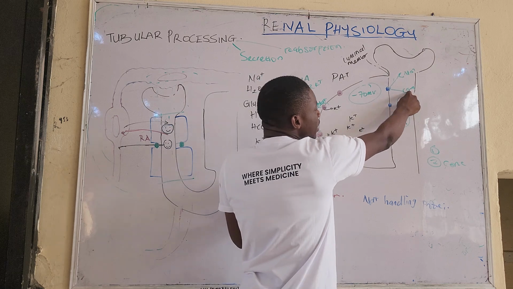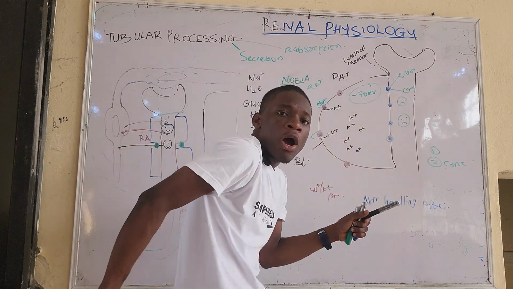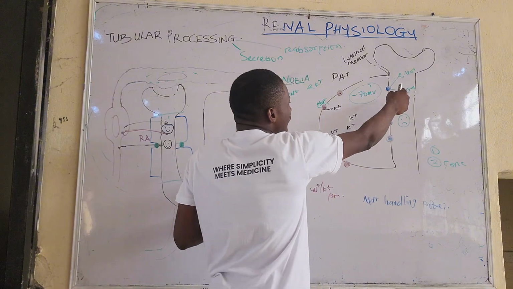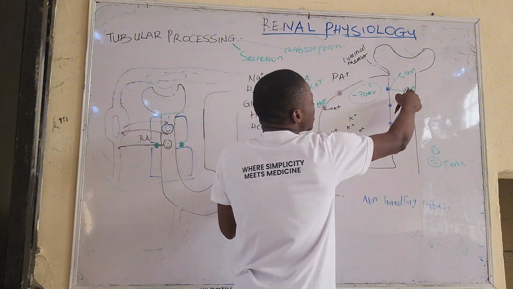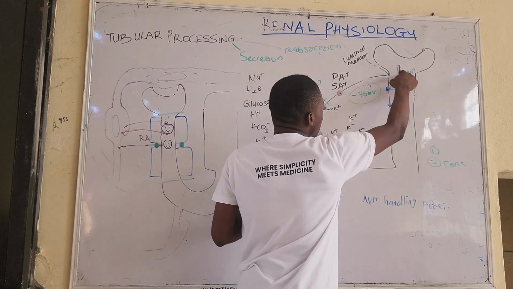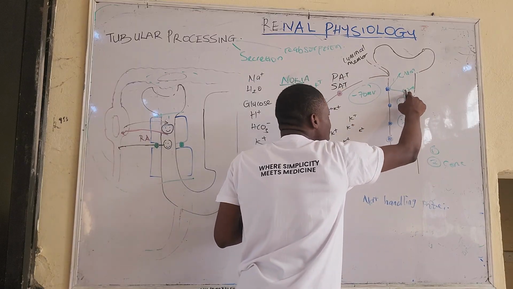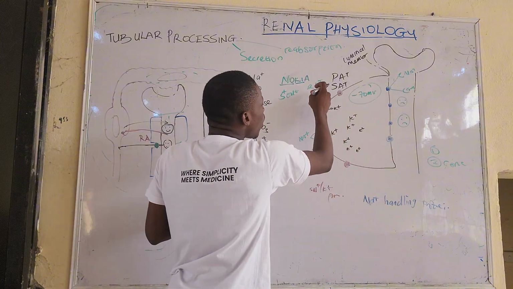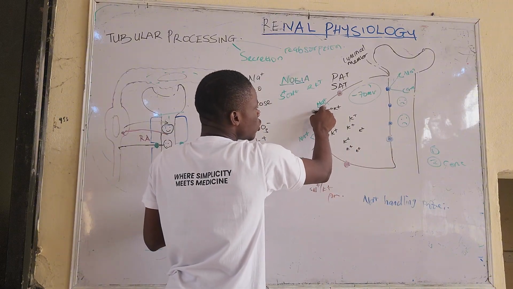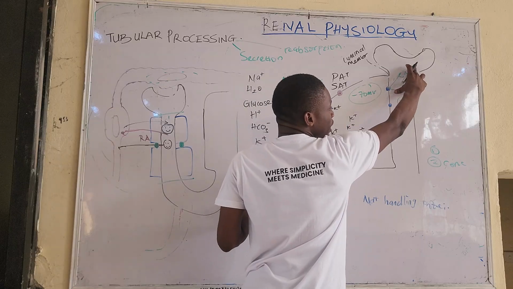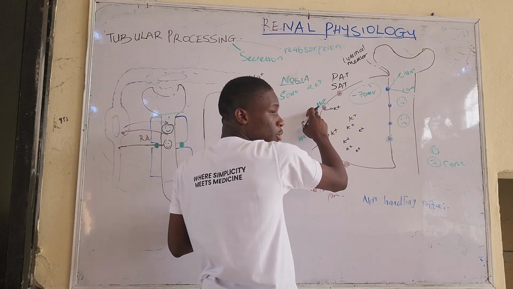But as sodium is entering, it will be dragging amino acid. Amino acid says, hold me, let's go together. So because it is dragging amino acid together with it, amino acid is entering through SAT, secondary active transport. Sodium is entering by PAT, amino acid is entering by SAT, because amino acid is dependent on this sodium. If you block this sodium potassium ATPase pump, this thing cannot work again because it is dependent on this ATPase pump.